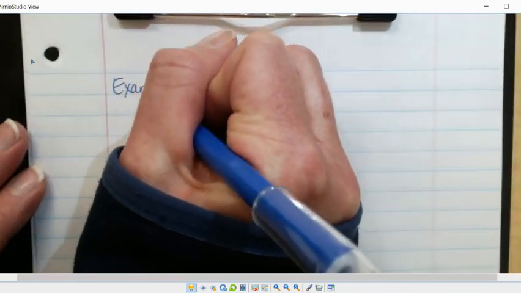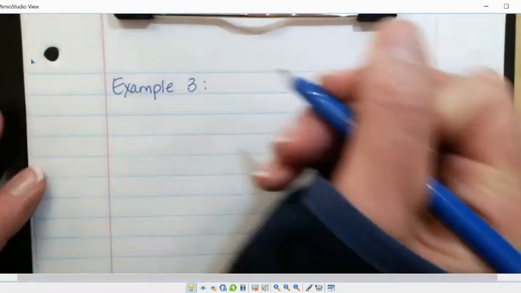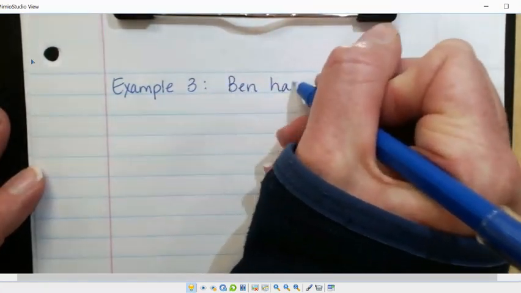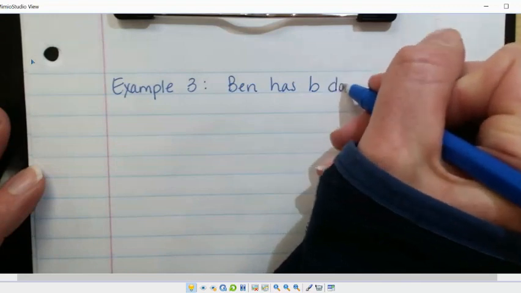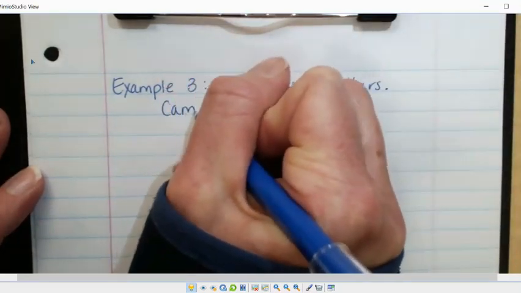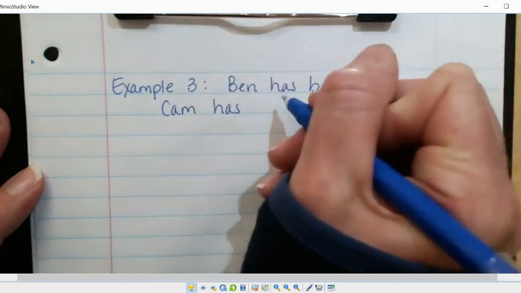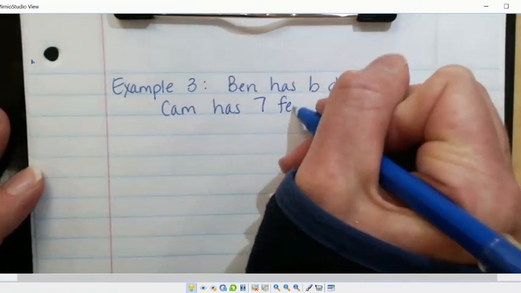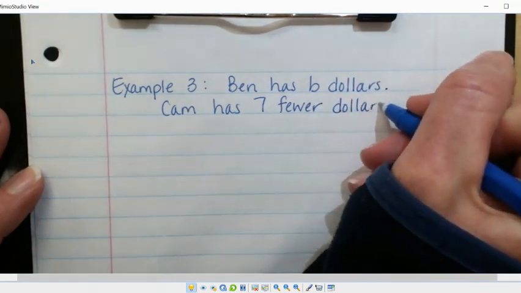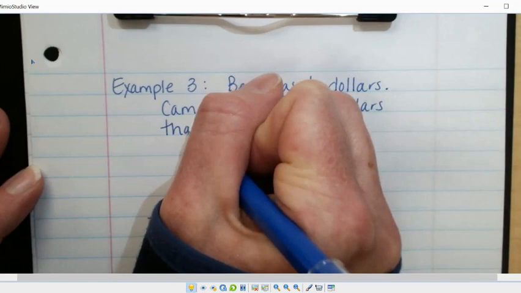All right, let's try another one. Ben has B dollars. Cam has 7 fewer dollars than Ben.